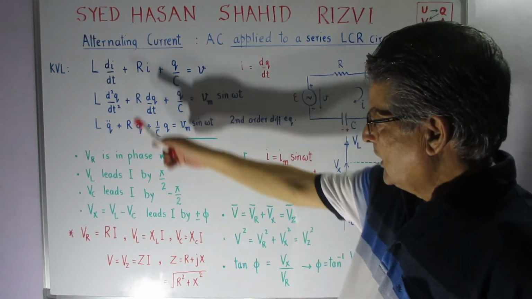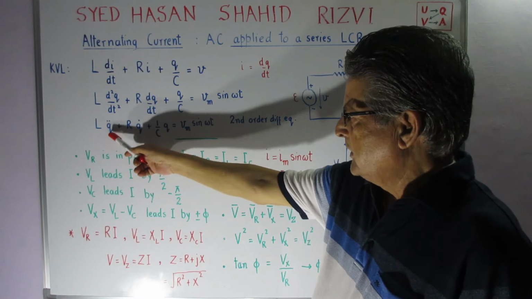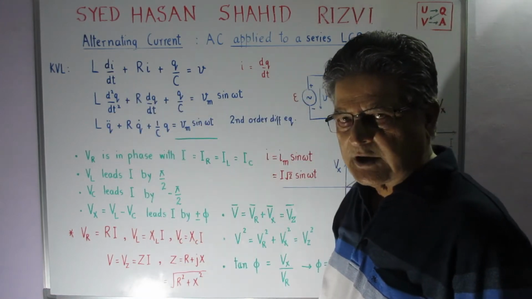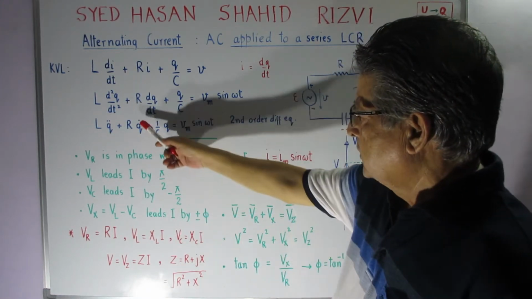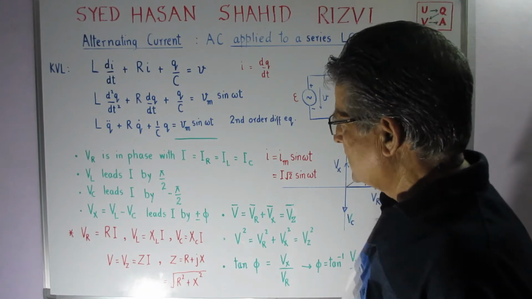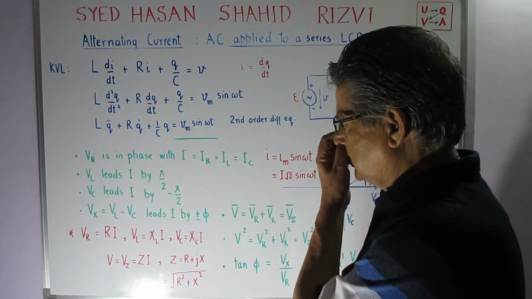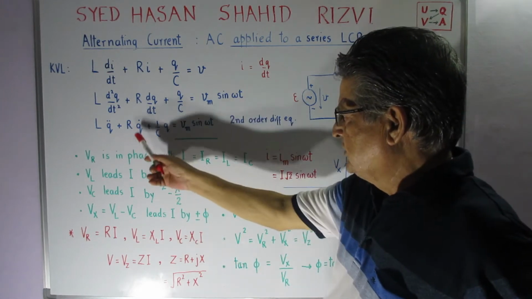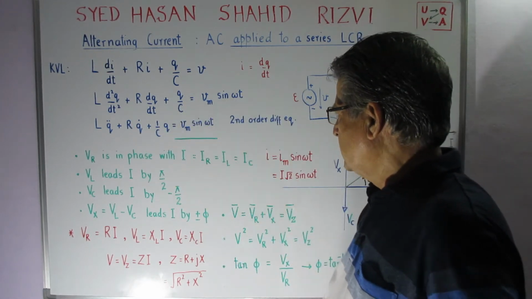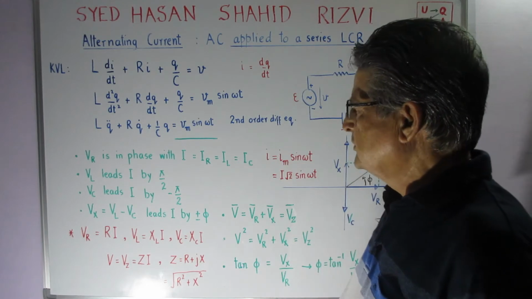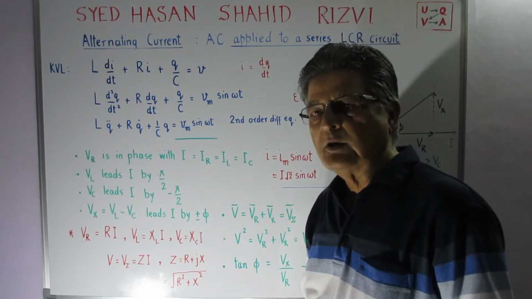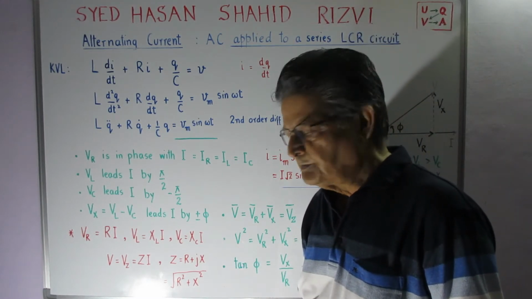This is also written as q double dot, second order differential with time, q dot, the first order differential with time, and of course no differentiation. So this plus this is equal to Vm sin of omega t. This is a second order differential equation which we will solve later on.